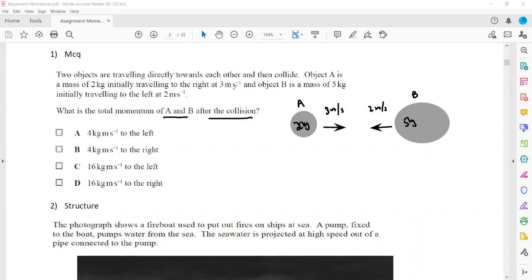And as we know, the total momentum before collision is equal to total momentum after collision. But the two objects, as they're direct and they collide, we have to consider the direction in which they move.